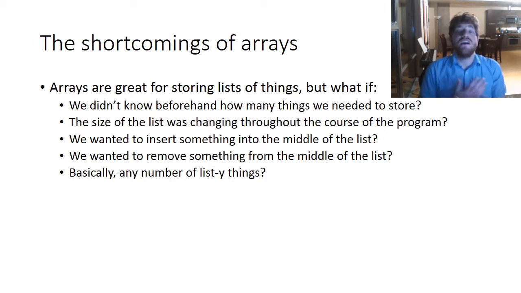Or maybe even the size of that list was changing throughout the course of the program. Or what if we wanted to add and remove things from our list? Arrays can't handle any of those behaviors. Really, arrays can't handle any behaviors that are consistent with how we would expect a list to act in the real world.